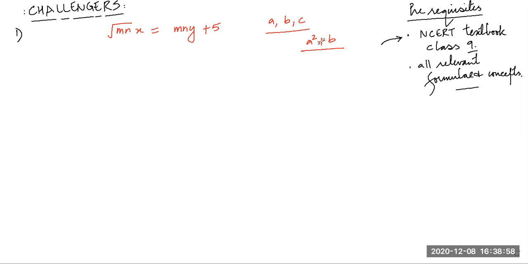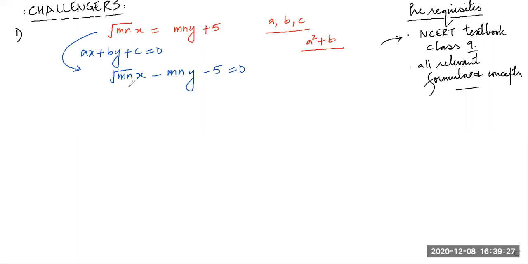We know that the standard form of a linear equation in two variables is ax plus by plus c is equal to 0. We know that m and n are constants. So we'll rearrange this equation as mn under root x minus mny minus 5 is equal to 0.